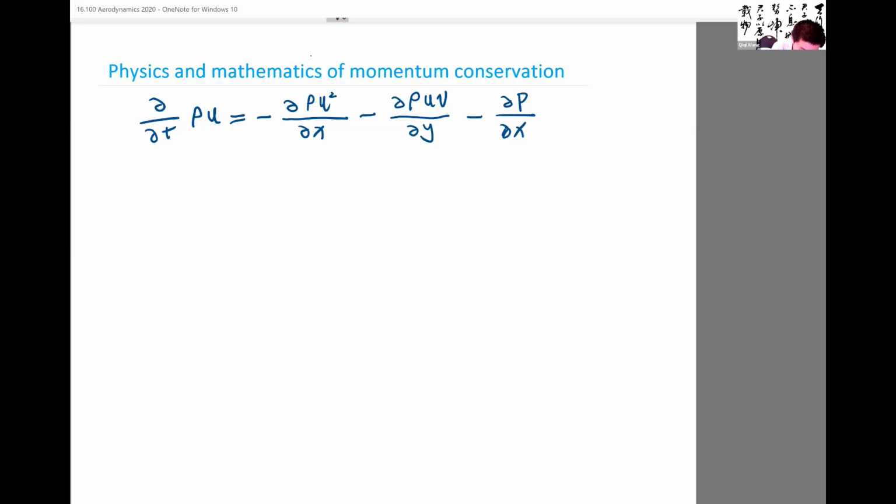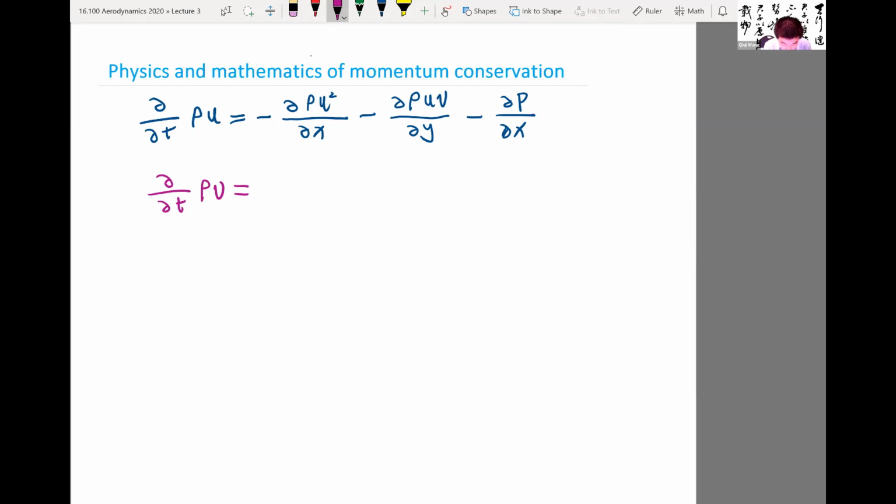We can similarly write the momentum conservation in the y direction. If you do the same derivation, we get a time derivative of the momentum density in the y direction. That is going to be equal to the derivative of rho v squared, but in the y direction, and minus the same derivative with u and v, but taking derivative in the x direction.